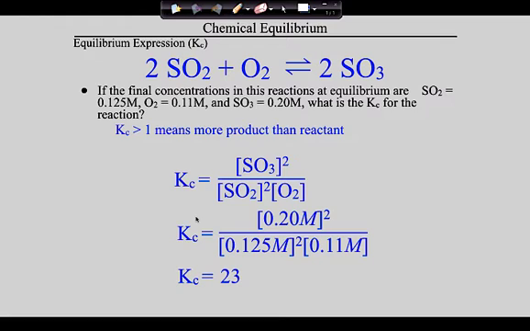Now guys, what if the opposite is true? What if you've got more reactant than product? Then what will your Kc value be? Smaller than 1. But guys, understand that doesn't mean negative. So guys, if you have a Kc value smaller than 1, that means that you've got more reactant than product.